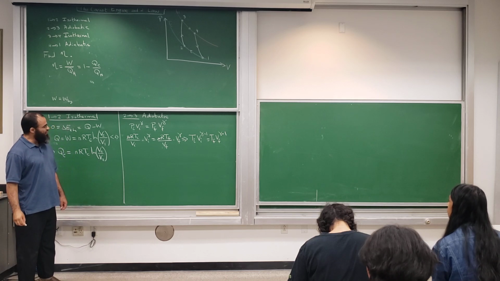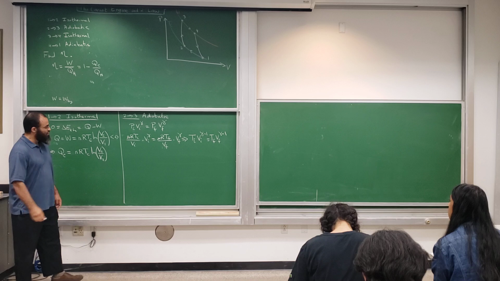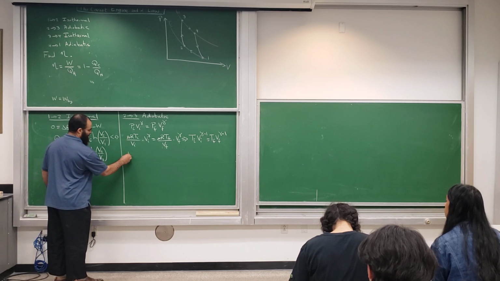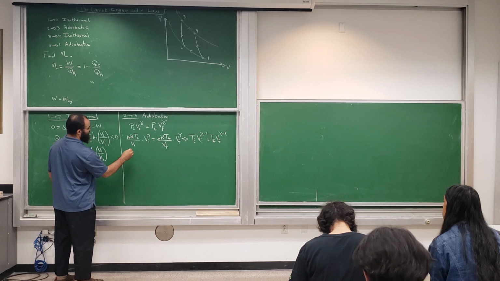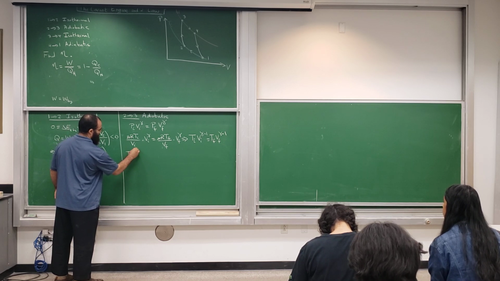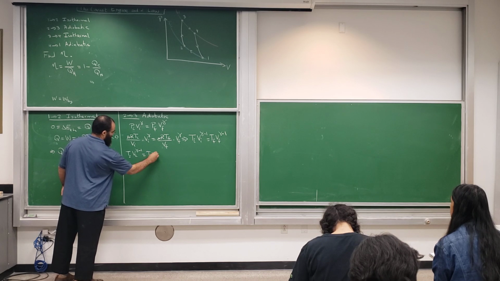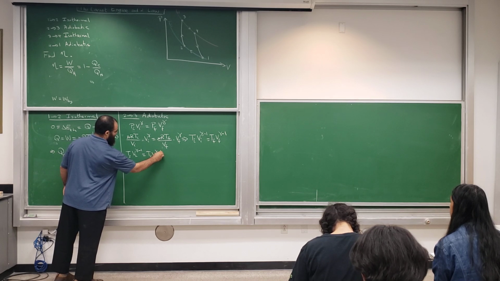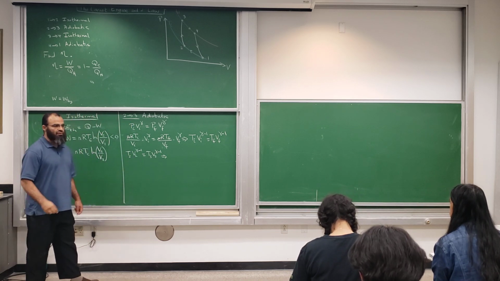Okay, so let's apply this to the process from 2 to 3 because it's adiabatic. So we get T2 V2 to the gamma minus 1 is equal to T3 V3 to the gamma minus 1. And what is T2?